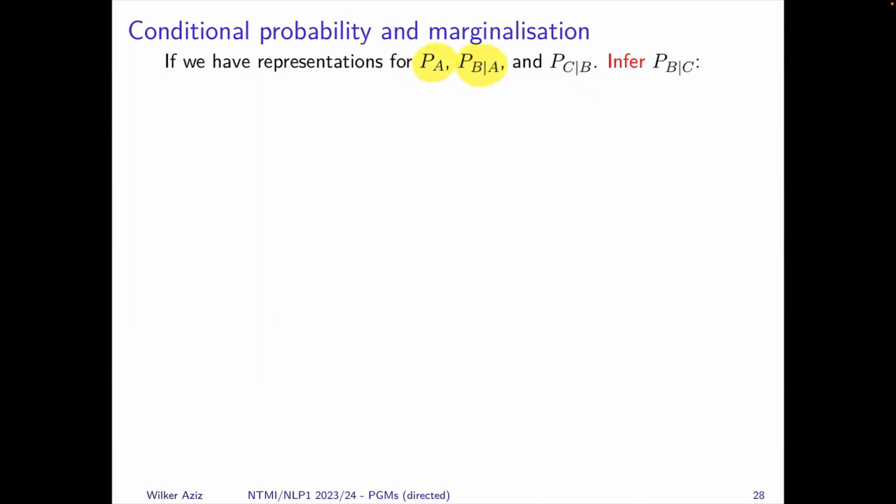Any probability that is not from one of these tables is not to be regarded as elementary, so it needs to be inferred. Let's characterize a probability for an outcome of B given an outcome of C. So let's see how we would do that. Let's try to compute this for some outcome B, conditioned on some outcome C.